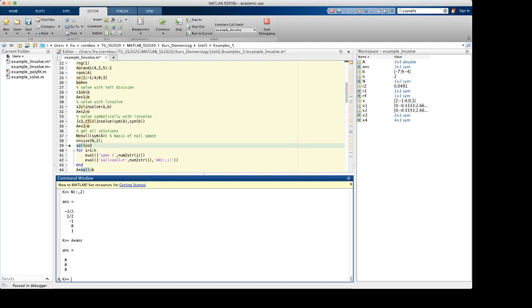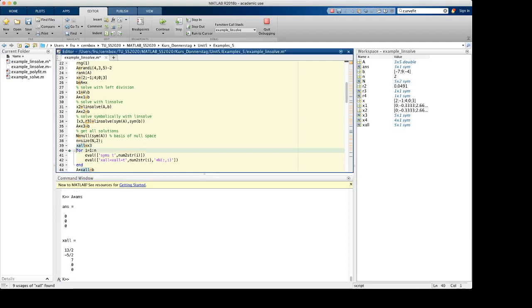The general solution of the linear system is one particular solution, which we take to be x3, and then we add an arbitrary multiple of the vectors in the null space. So we loop over the dimension, we loop over the vectors in the null space. The loop runs from 1 to the dimension small n.